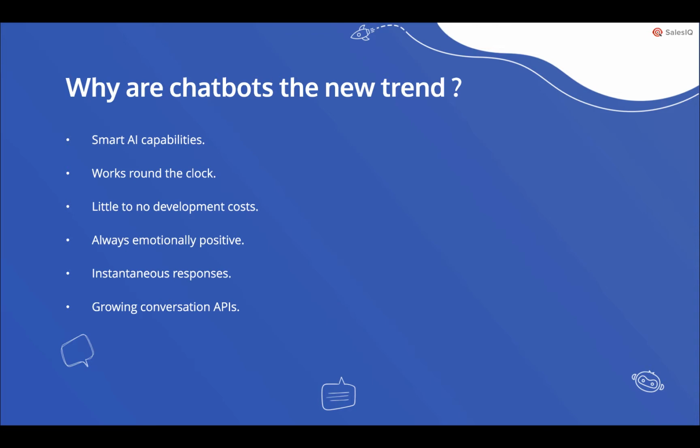So, why are these chatbots the new trend? They have smart AI capabilities. This means that they can help predict what customers will need or want to buy based on past purchase history and additional machine learning capabilities. So, these bots can begin to take a proactive approach to keep your customers engaged on the website.